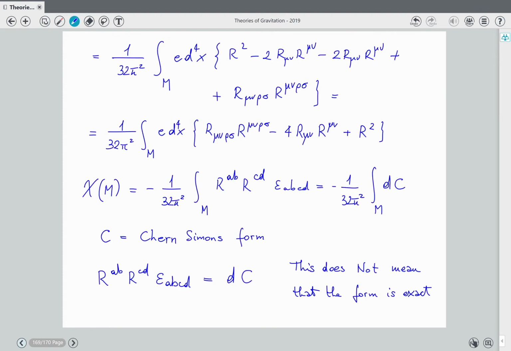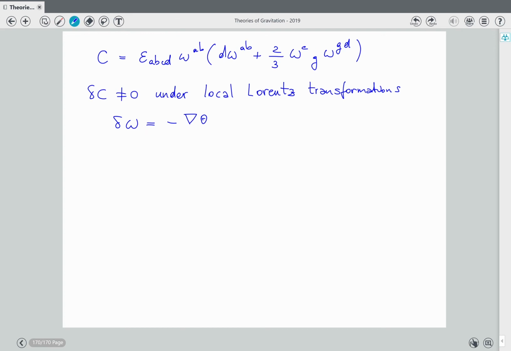So again, to summarize, we will show in the next hour that this thing can be written as a total derivative, correct, but not as a total derivative of something that we can write just by means of Riemann tensors and covariant derivatives or the metric, but something that needs the spin connection, or with space-time indices, it can be translated into something containing the Christoffel symbols.